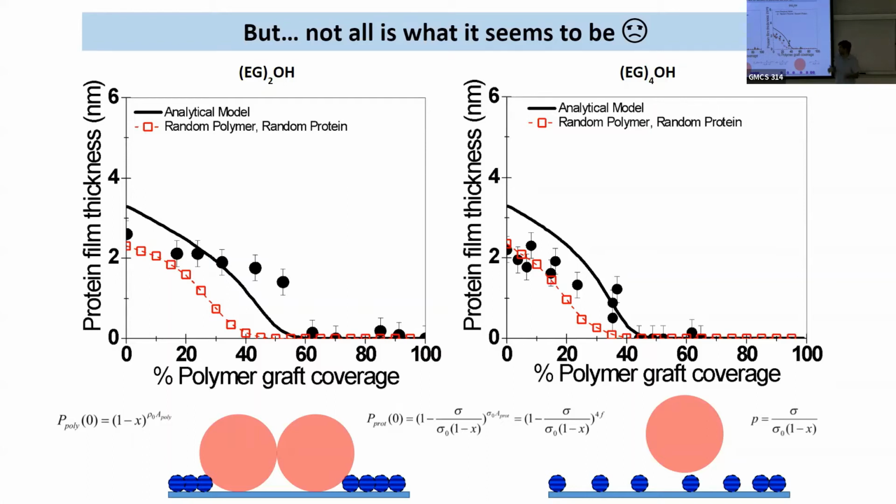So that's the maximum number of proteins, which is my sigma 0, the maximum protein density without any polymers, multiplied by the fractional area that is open because of the presence of polymers. That means what I'm assuming is that if I take all my polymers and stick them to one side, jam it all up, and then I fit my proteins exactly perfectly, then our equation works.